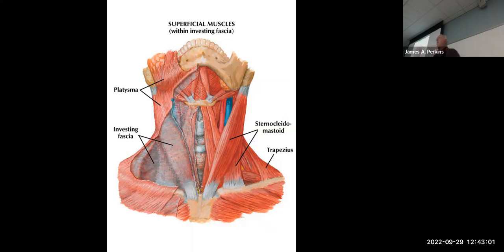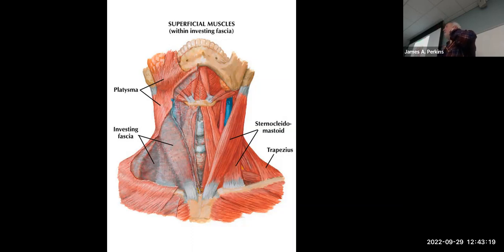The functions may be a little bit difficult to predict though, because of the angle of the muscle, and because of its attachment on the mastoid process, the movements that the muscle creates may not be immediately obvious.